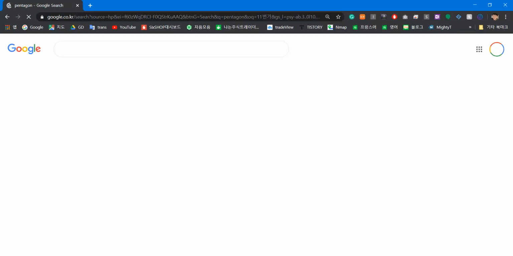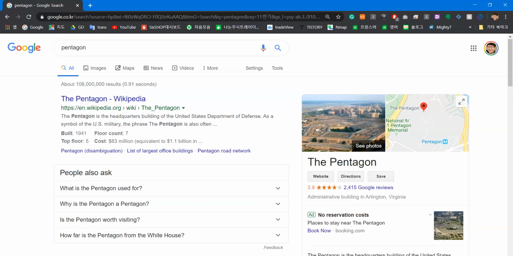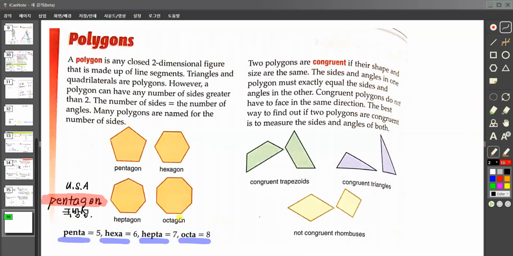It's a government association related to the US military. 펜타건 이렇게도 불리고요. 그 다음에 헥사는 6이란 뜻입니다. 헵타는 7이고요. 옥타는 8인데요. 이게 프랑스어랑 조금 비슷해요. 발음이. 세트라고 하잖아요. 이거 좀 비슷해요.